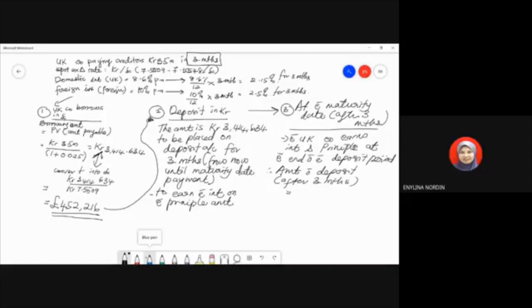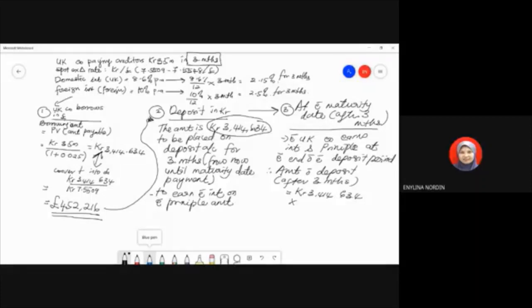How much did you put in the deposit just now? You start with this amount, right? This is the amount that you put in the deposit account, which is 3,414,634 kroner, and then you will multiply by the interest.